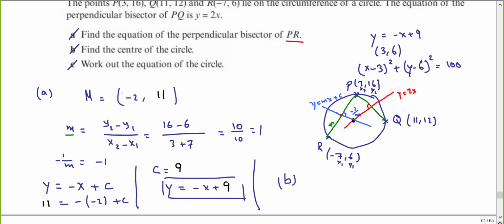Square root of x1 plus x2 squared minus y2 plus y1 squared. You need 2 points. What 2 points will you use? Find the radius. The 7 and 7, 6. Sorry.